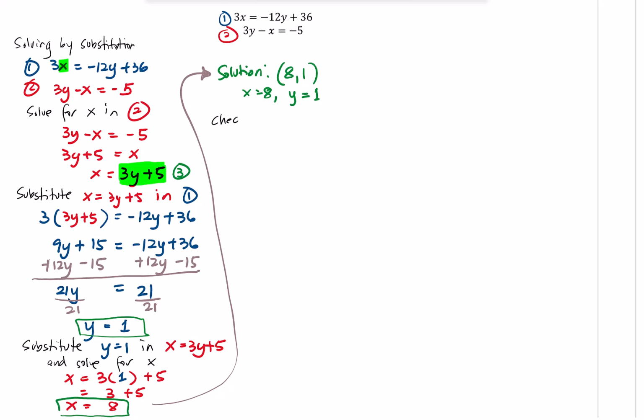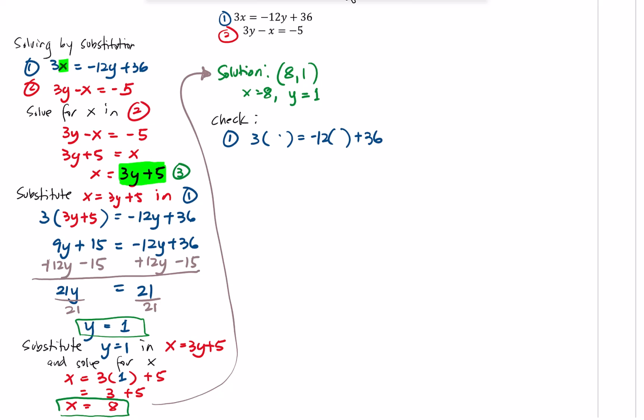You could continue your work by checking the solution by substituting the x and y value in either one or both of these equations. So check. Let's choose equation number 1. This would be 3 times that x equals negative 12 times the y plus 36.